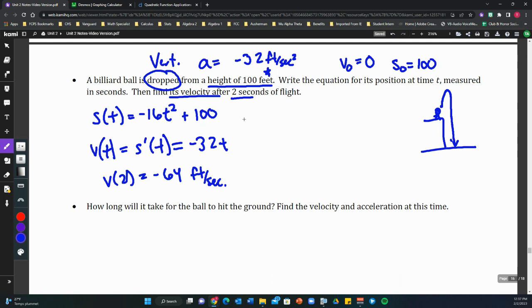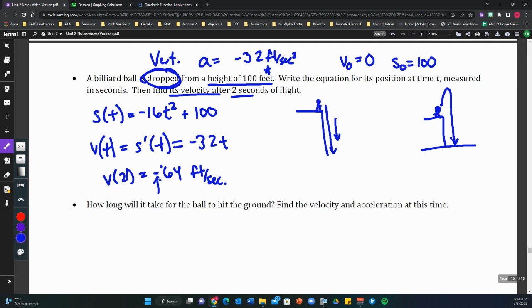This one's not going to be totally eye-opening because we're told that it's just straight up dropping off of the building. We're not launching it this time. We are just standing up top, just like the watermelon, and dropping it off of the roof. But because that velocity is negative, I definitely know for sure that the object is going down towards the ground.